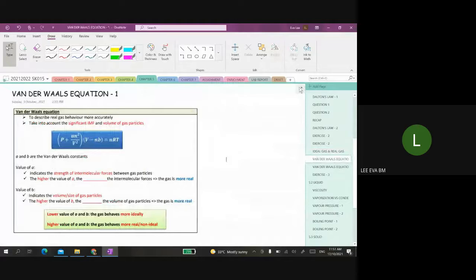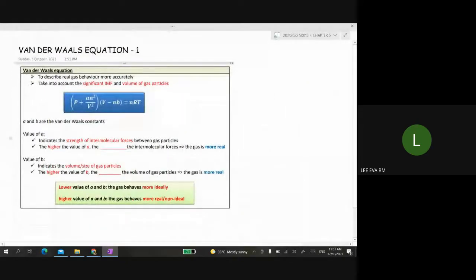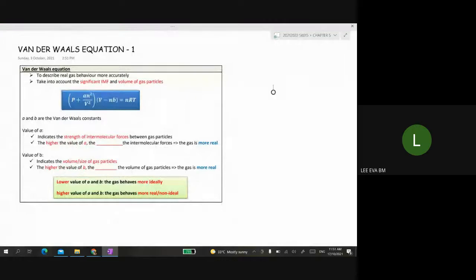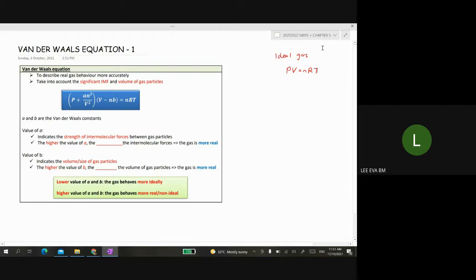So the next one, we want to talk about the equation for our real gas. To recall, if you have an ideal gas, we have the formula PV equals nRT.